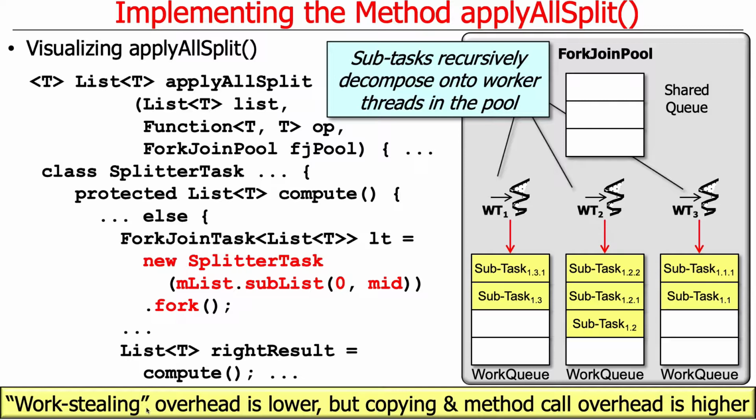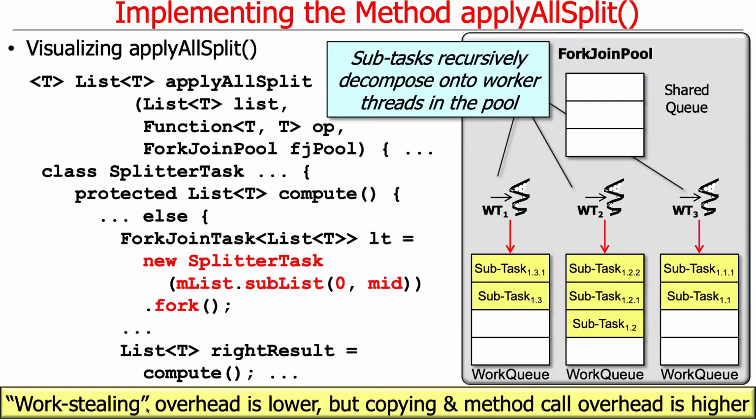So what you'll end up with is a nice balanced sort of tree of subtasks that are all running in different threads in the pool. Whereas with the applyAllItter implementation, we threw everything into the original worker thread's deque, and then those would be stolen by all the other threads. In this approach, we decompose stuff, and so we have a better, more even split.